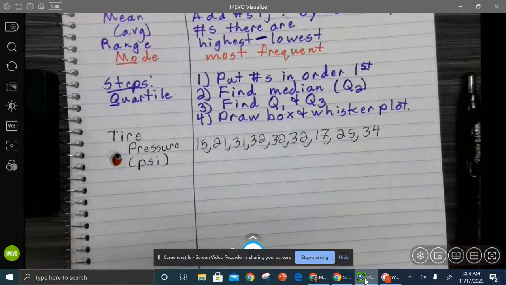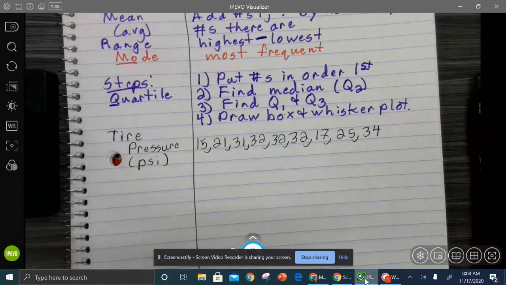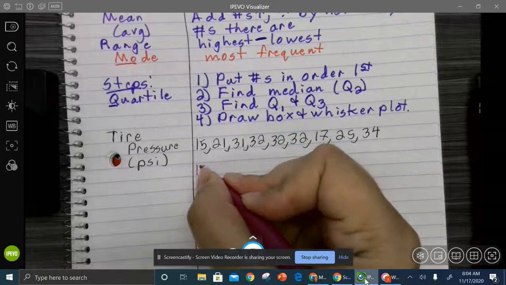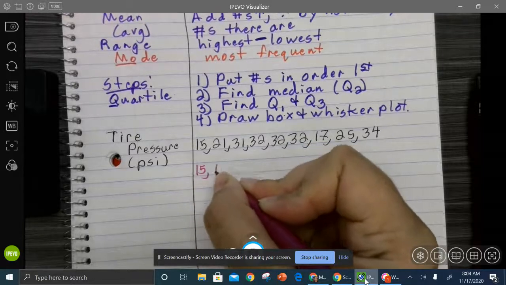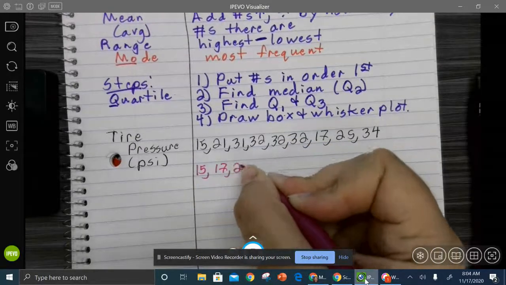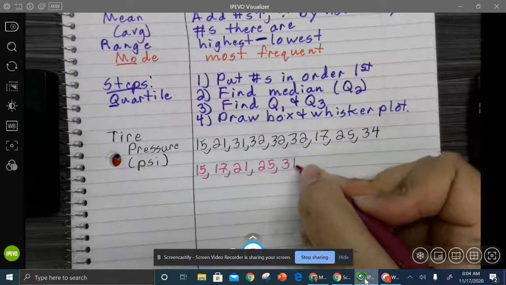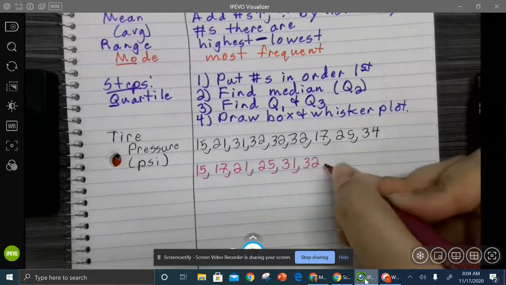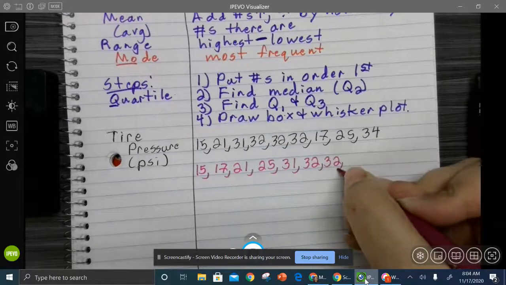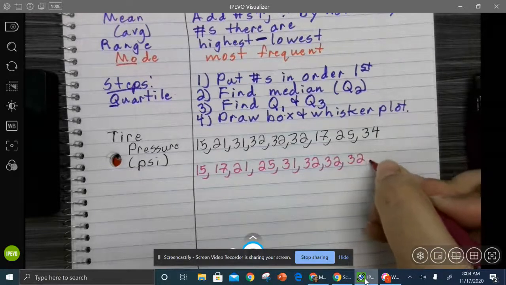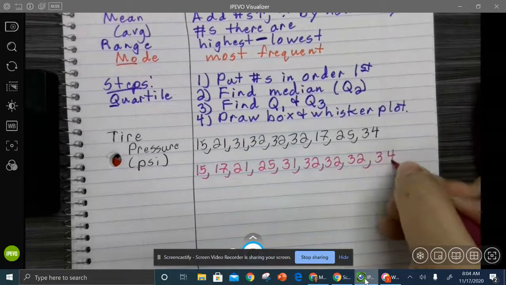We're going to put them in order. I cross them off as I go. So 15, 17, 21, 25, 31, 32. There are three 32s. And then our last one is 34.